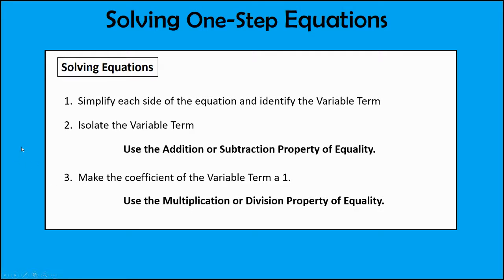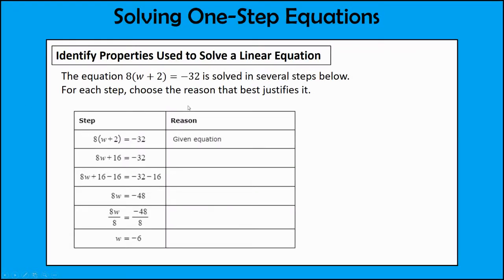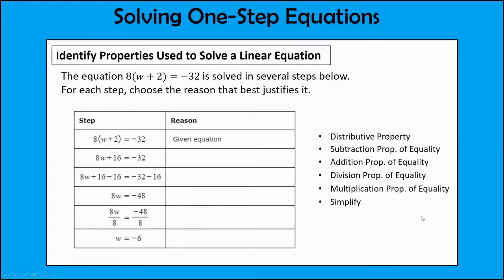Okay, so let's put this into action. Actually, this is a solution process in which you're going to be asked to identify each step of the process. What property did we use to do that? Here are our choices over here at the right.